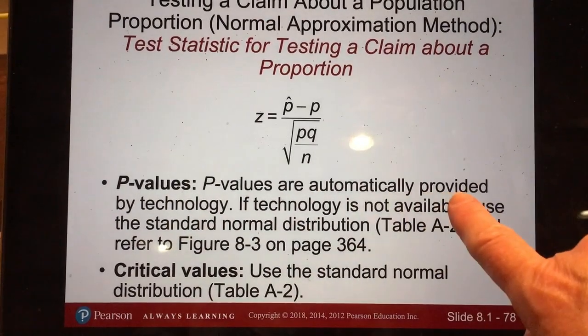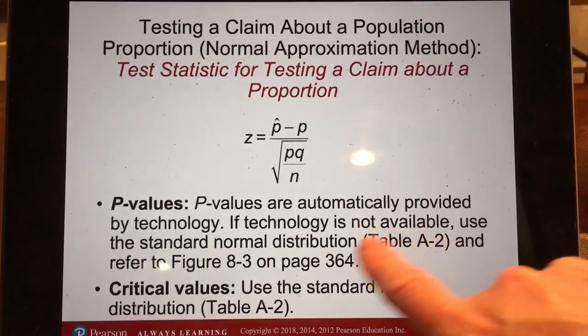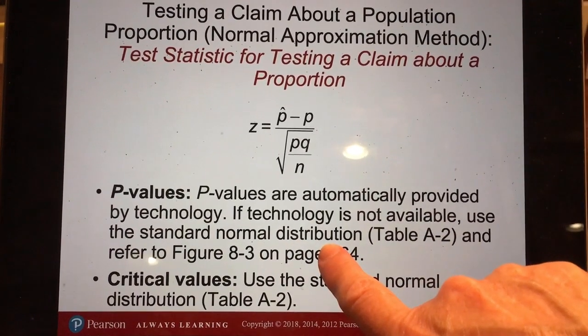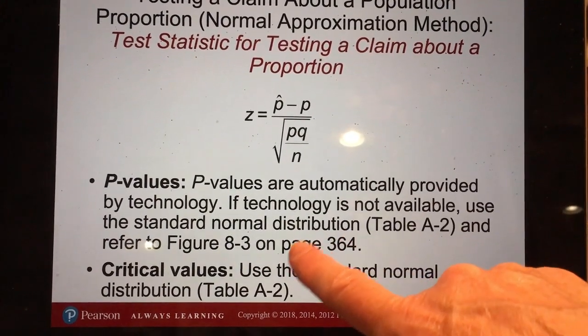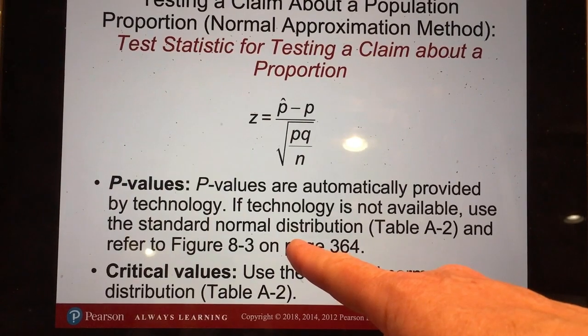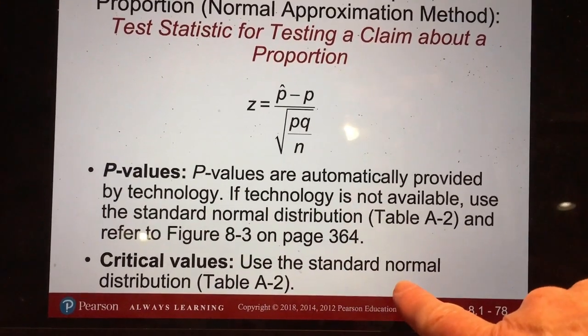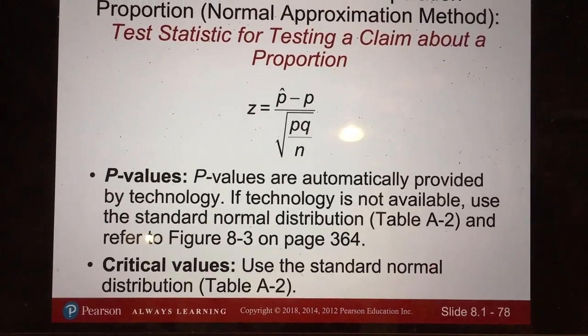P-values are automatically provided by technology. If technology is not available, use your standard normal distribution. Your p-value is going to be the percentage that is in the tail. Okay, the critical value is the z-score that starts the tail.